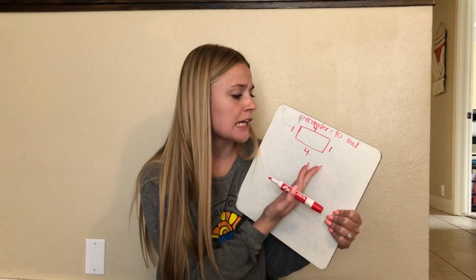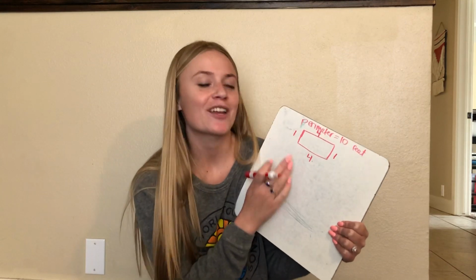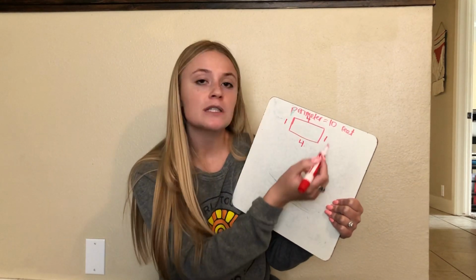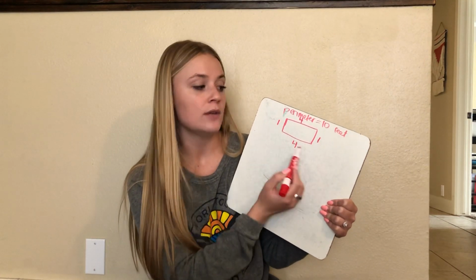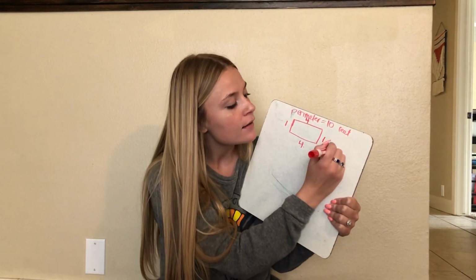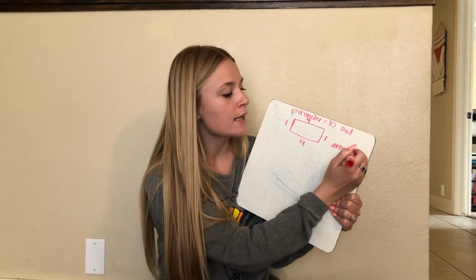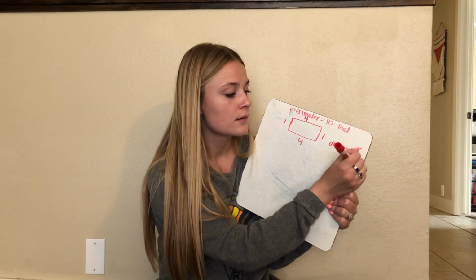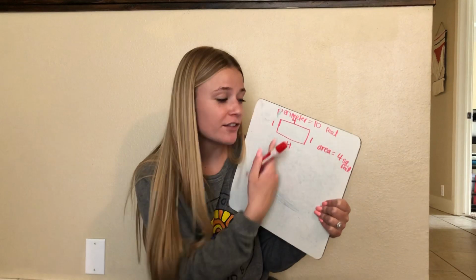So in this one, the picture's not exactly accurate, but you can imagine. The perimeter equals 10 because 1 plus 4 equals 5. So it'd be 5 plus 5, and that equals 10. But the area would be 4 times 1, which is 4 square feet. Okay, so that's not a lot of space.